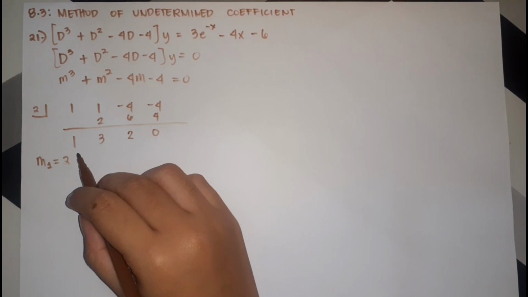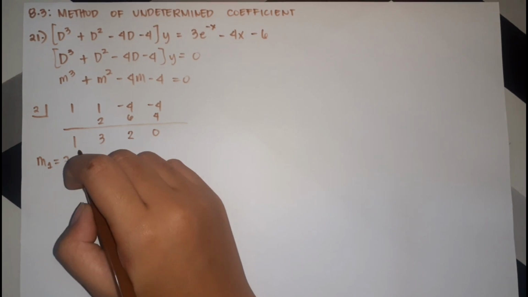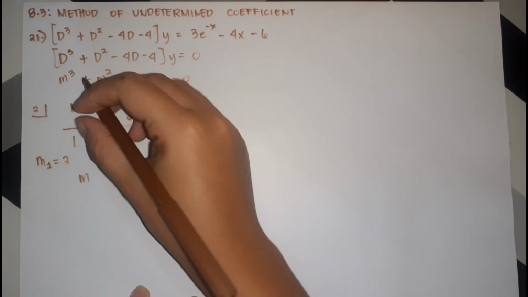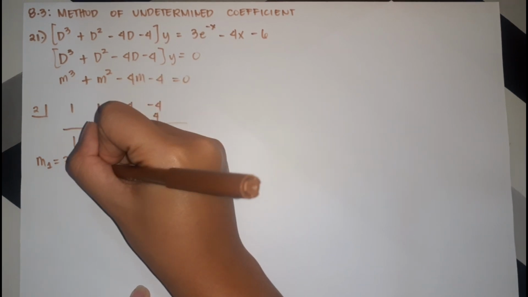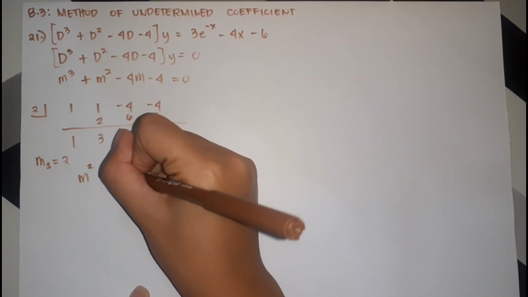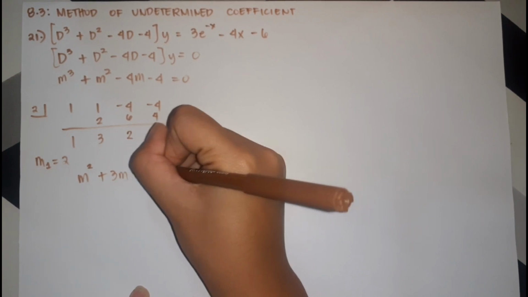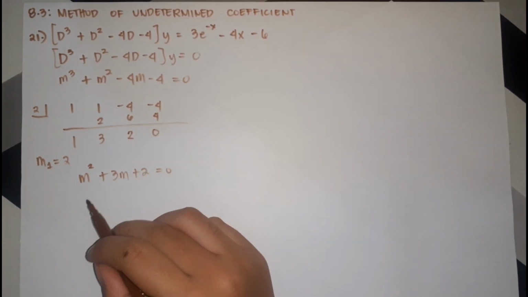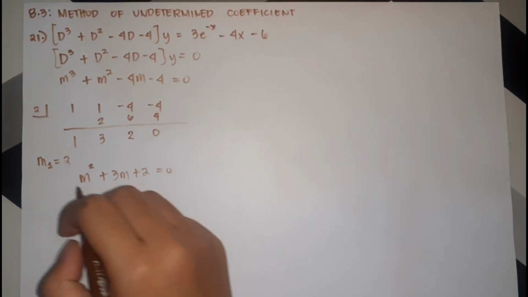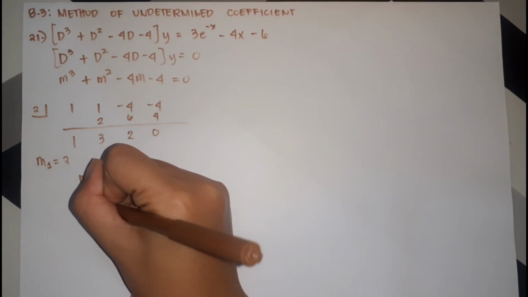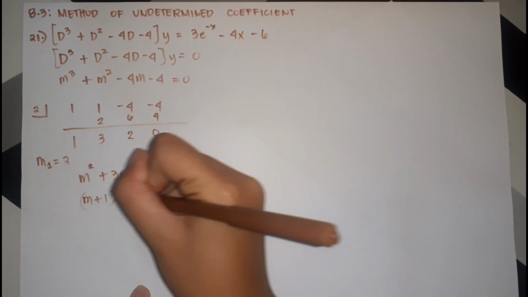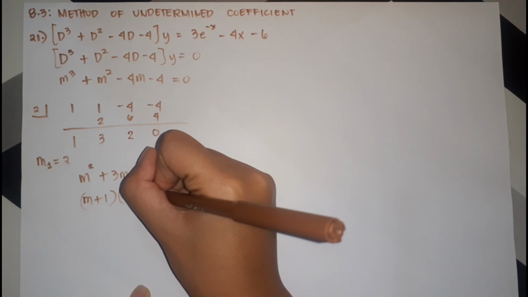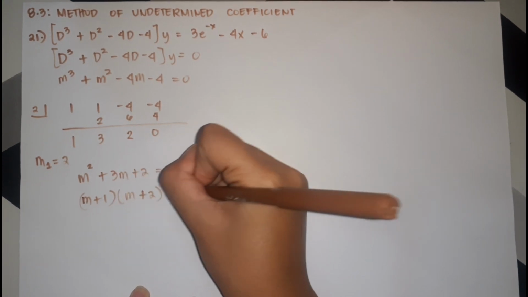Then we write m and reduce the exponent. This will be m squared plus 3m plus 2 equals 0. We can factor this polynomial: m plus 1 times m plus 2 equals 0.